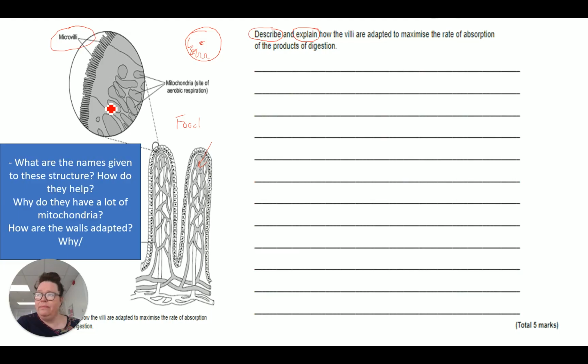That's a description. We have also got a good blood supply here to take all that food away. And if you look here, they've drawn this layer 1 cell thick, so there's a short diffusion pathway, or a short distance that this food has to move to get into the blood supply.